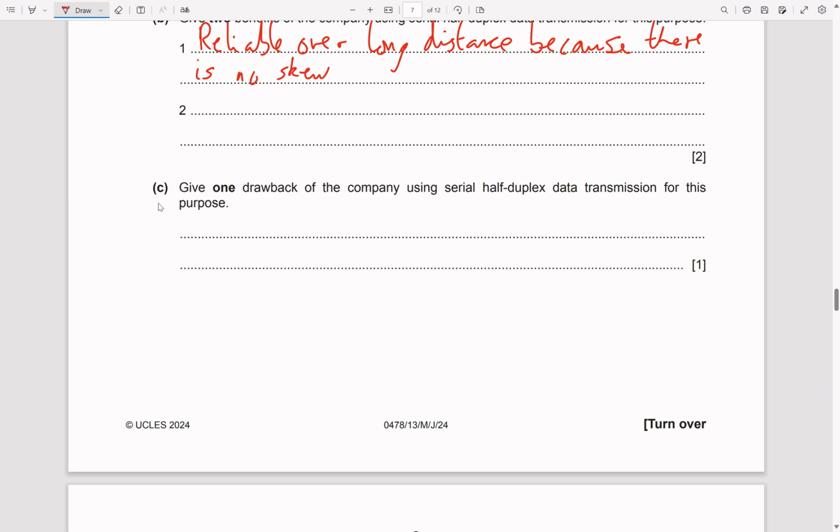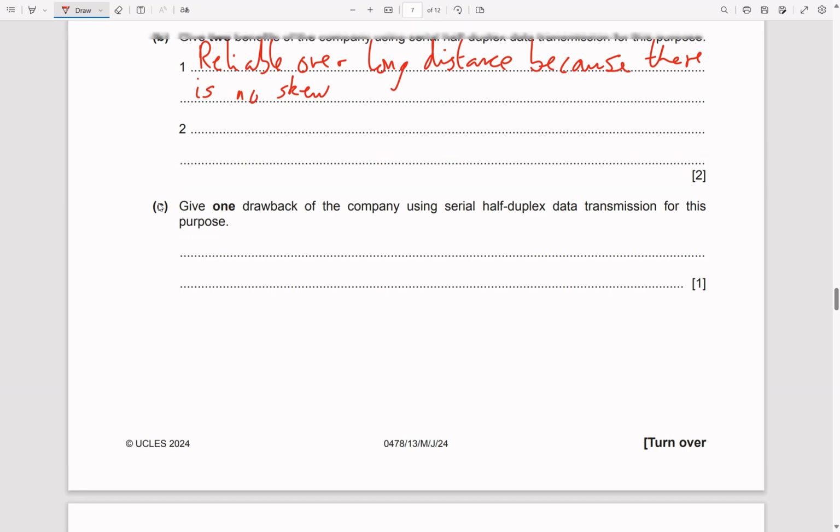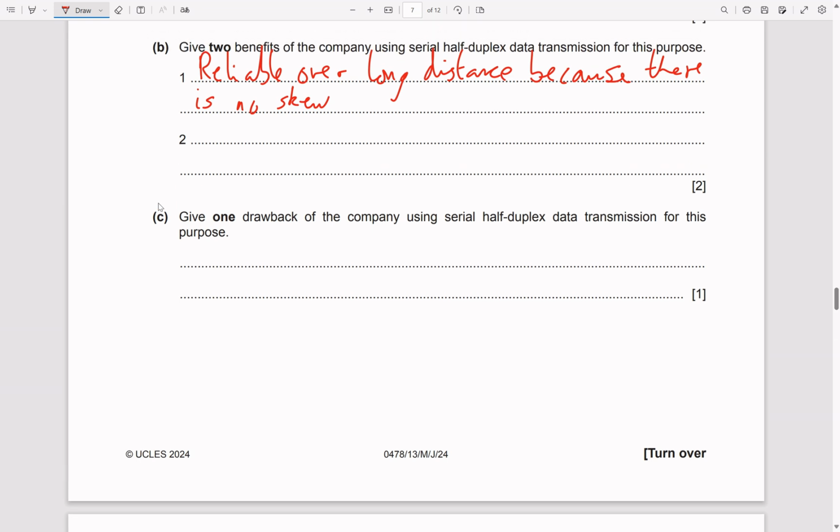Right, and then the next one: if we said parallel is skewed, we can also say serial has no interference or crosstalk.